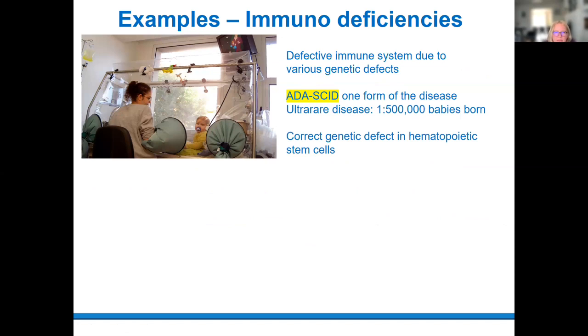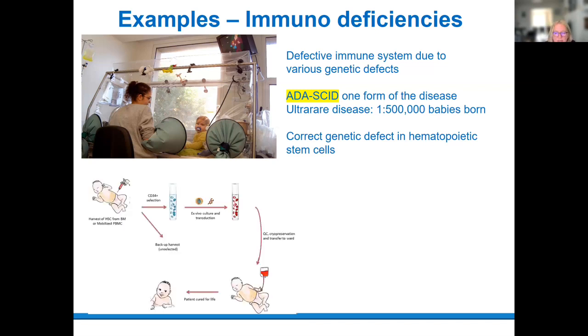Another example that I just wanted to briefly mention are the immunodeficiencies. So ADA-SCID is a disease where babies are born without an immune system, and unless they're kept in a very sterile environment, they very quickly succumb to infections and inflammations. It's an ultra-rare disease, with approximately 1 in 500,000 babies born having the disease.